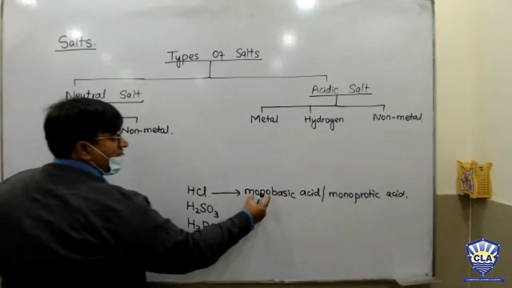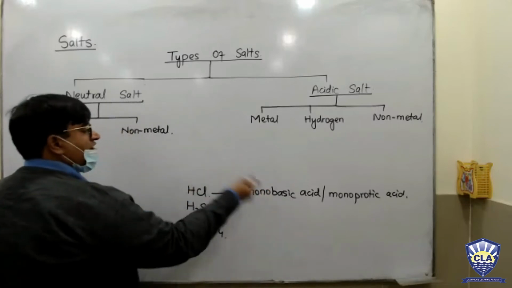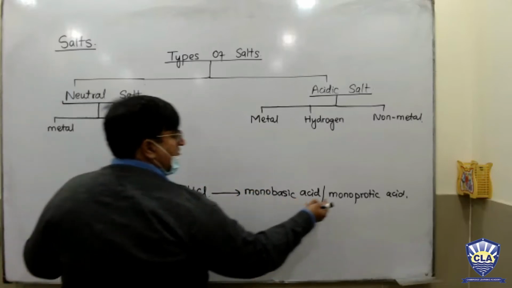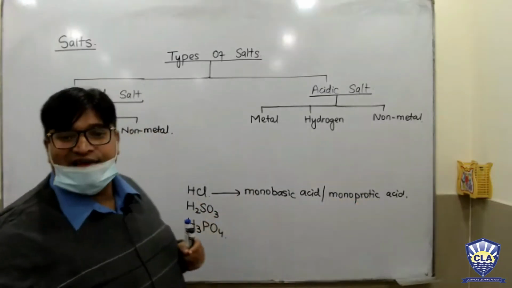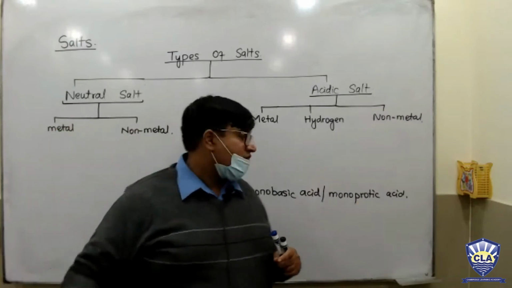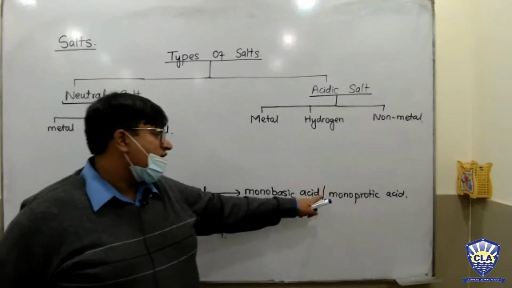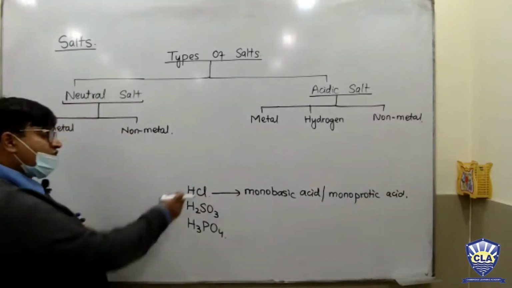The word mono comes from one. Basic means it is going to produce H positive ion, and the word protic comes from proton. I have told you that H positive is also called the proton. So you have monobasic or monoprotic. These are the two names of it.